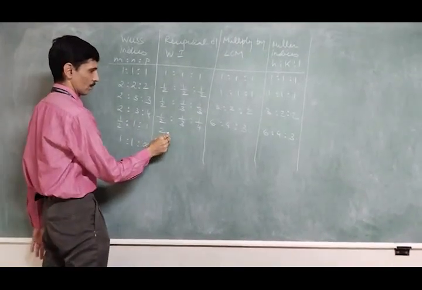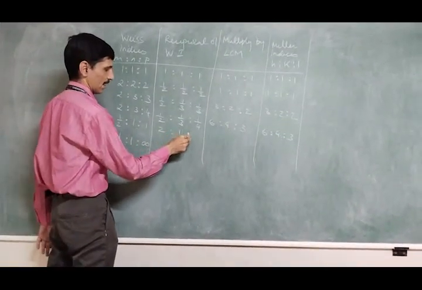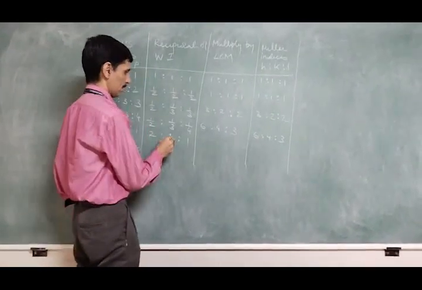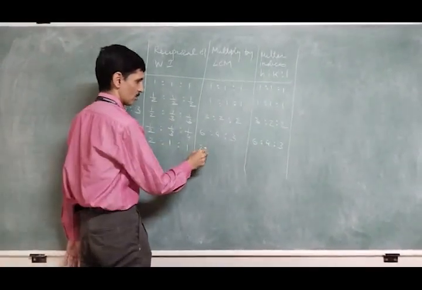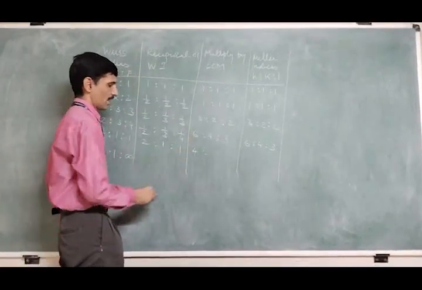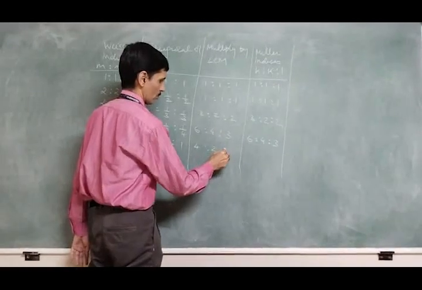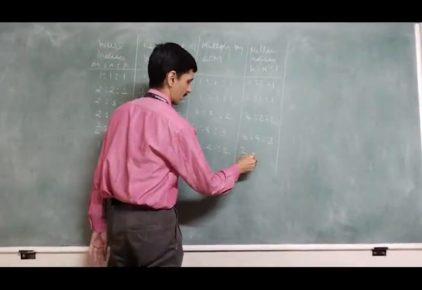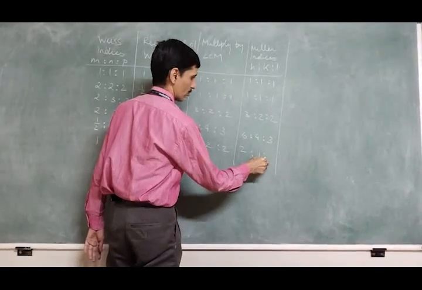So we have 2:1:1. The LCM is also 2. So if you go into the simplest one, we have 2:1:1.